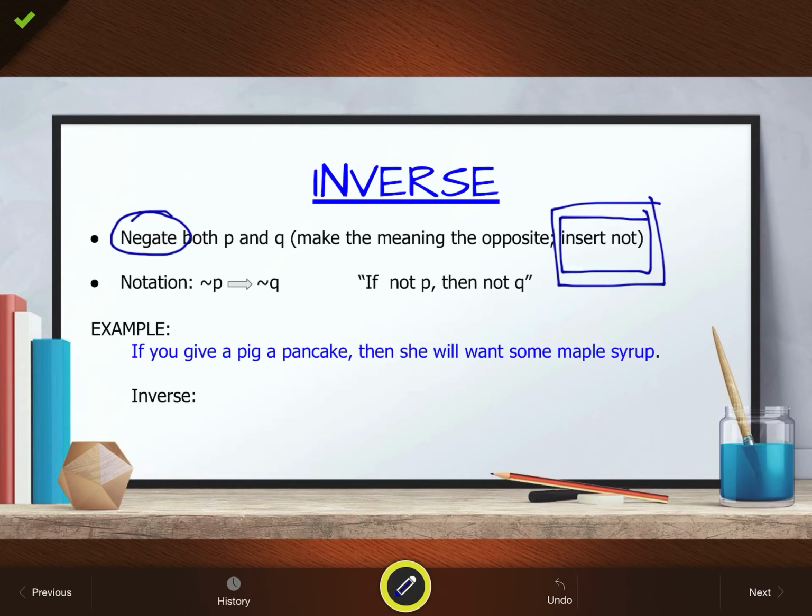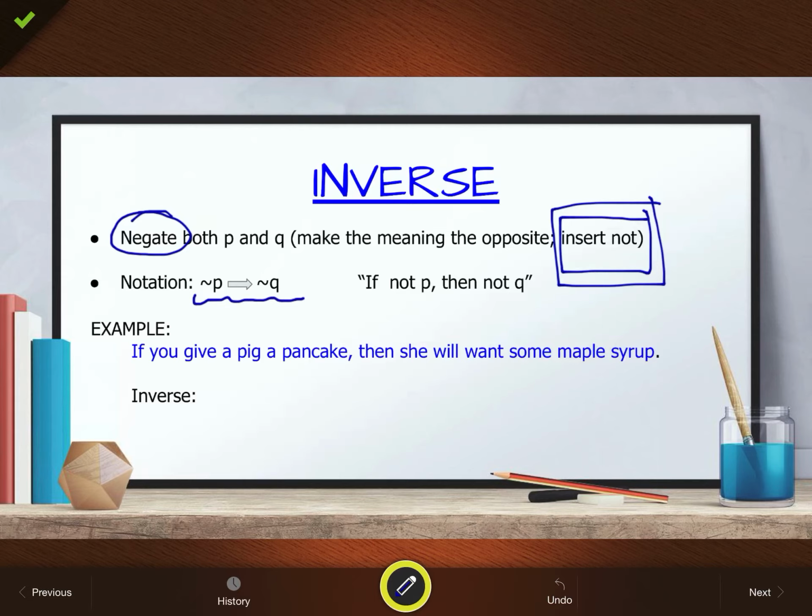The notation for it is right here. It looks like a squiggly and then a P and then your arrow and then a squiggly and then a Q. Again, math people love abbreviations and shortcuts, because they don't like writing a lot of words. We're going to be writing a lot of words starting out. When we get further along, you will be switching over to using this symbolic form.